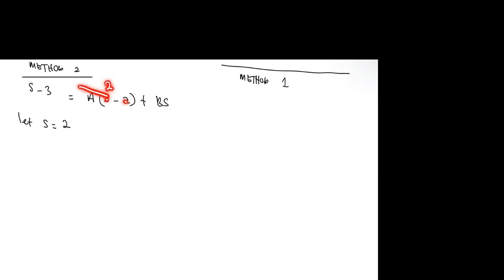So this one is 0. Here will be 2 minus 3, which is minus 1. a will become 0. b will become 2b. So b is negative 1 over 2.